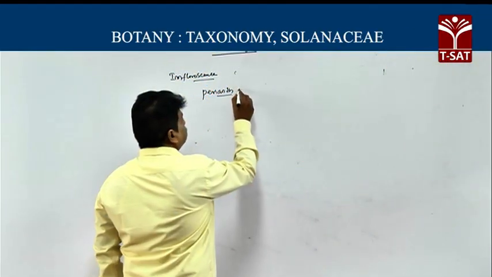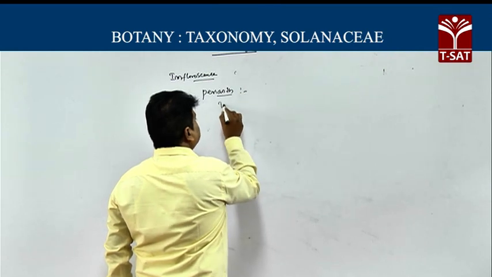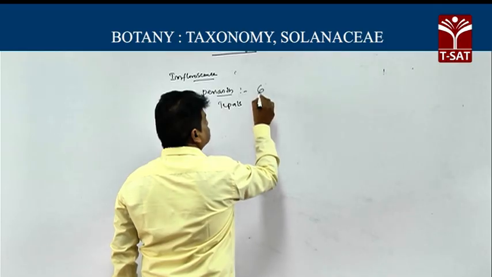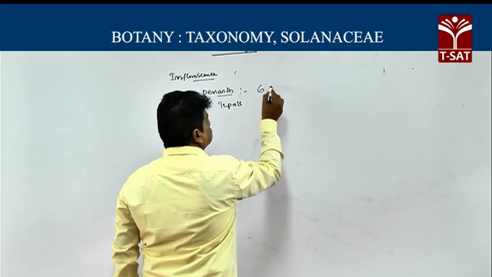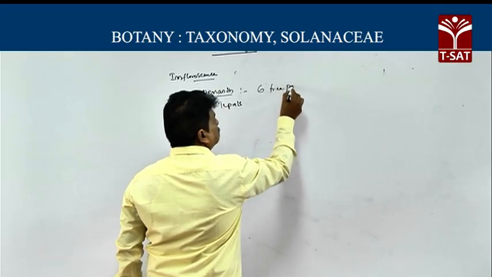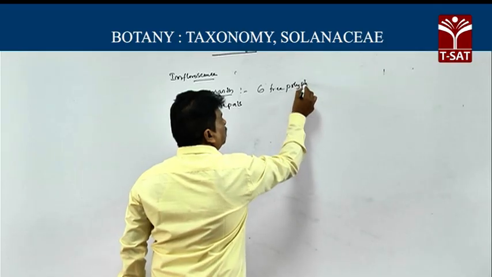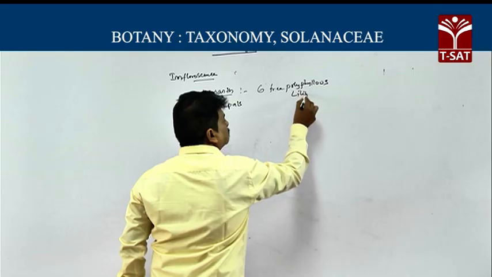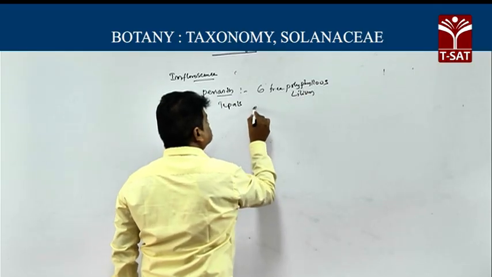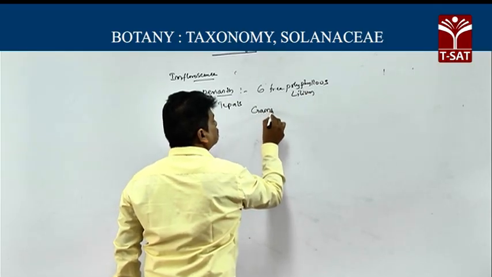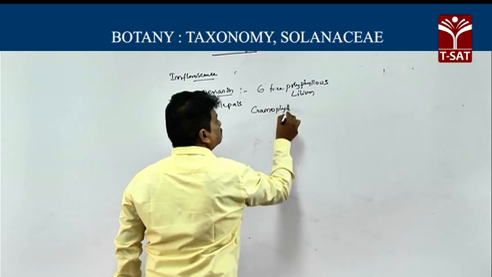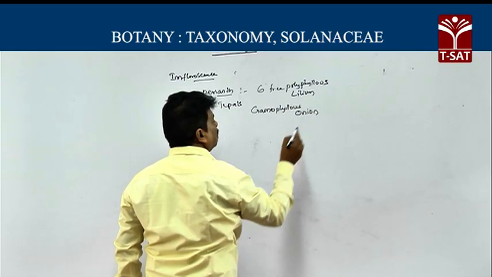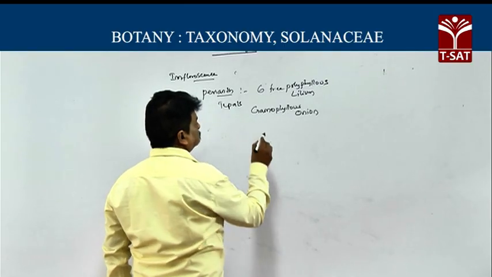Next one, perianth members. Perianth members undifferentiated, also called tepals. Tepals 6, either free, called polyphyllous, in Lilium, or fused, called gamophyllous, in onion.